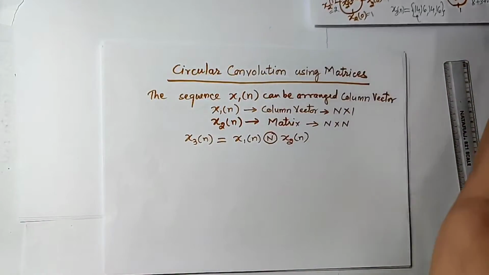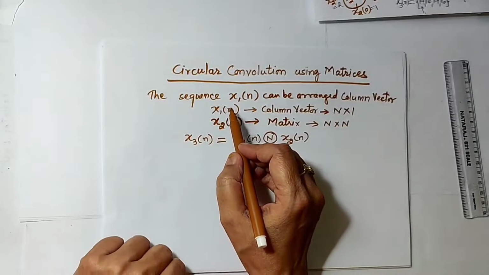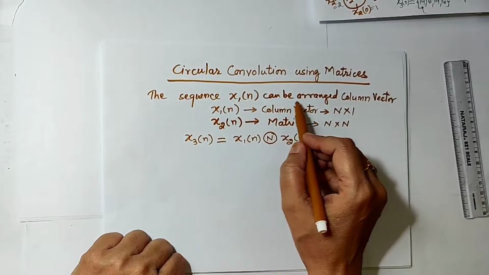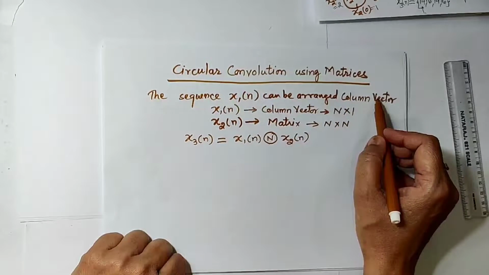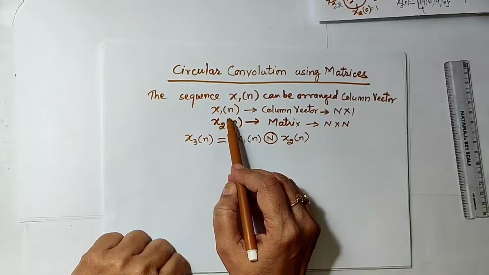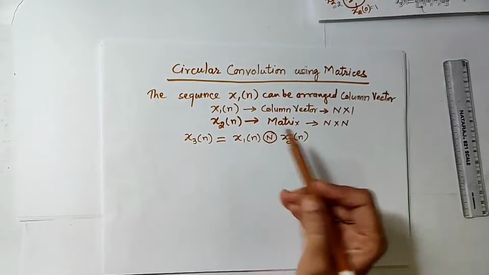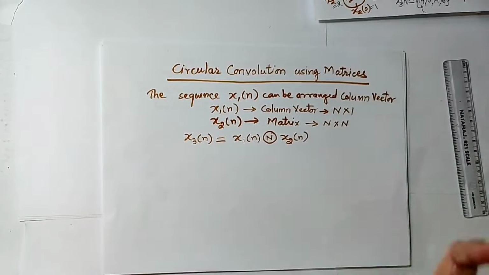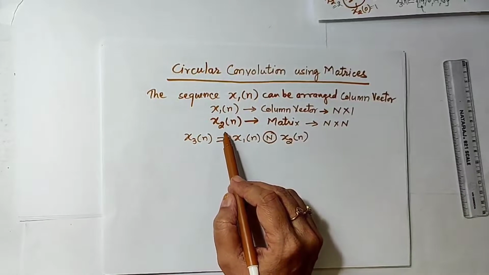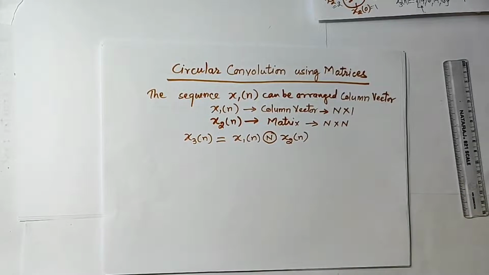The sequence x1(n) can be arranged in a column vector, and for the second sequence x2(n), we take another array as an N by N matrix.